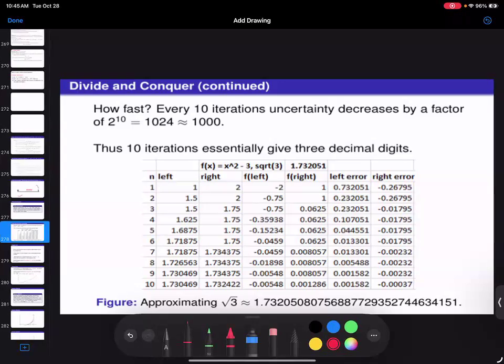And we see after 10 iterations that the answer is somewhere between 1.730 and 1.732. And we are basically getting 3 decimal digits for the square root of 3 after 10 iterations. And we're starting by saying the square root of 3 lives somewhere between 1 and 2.